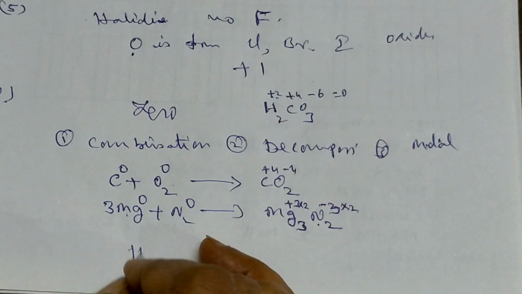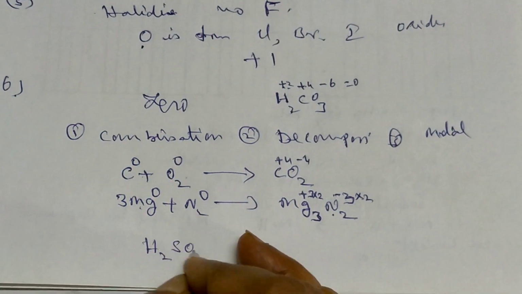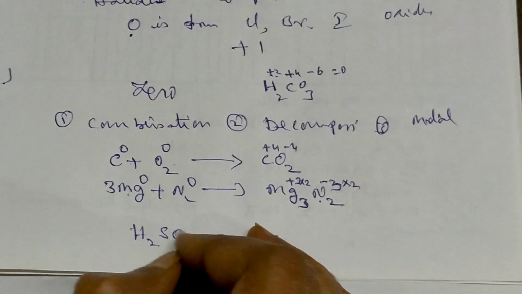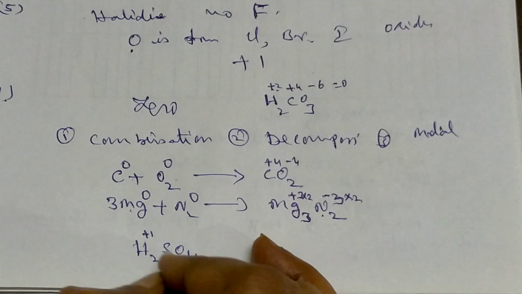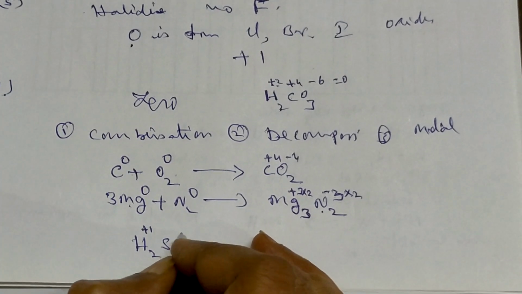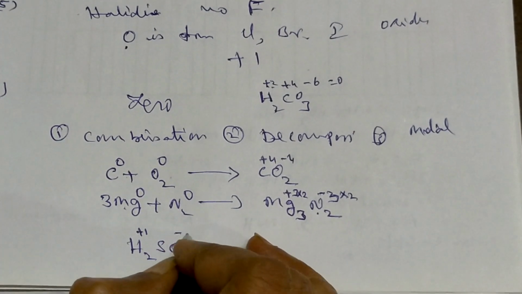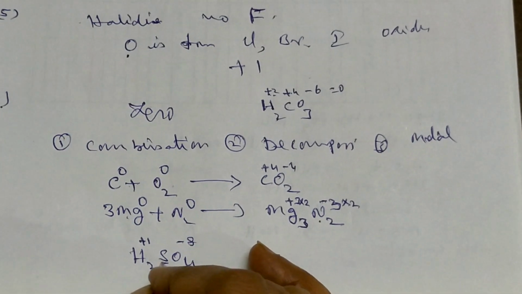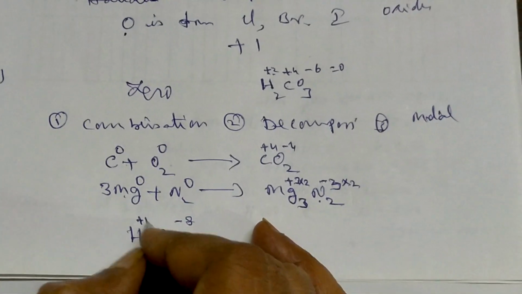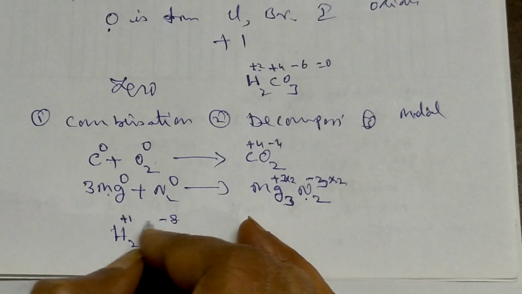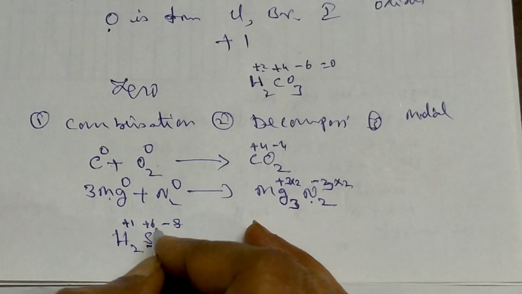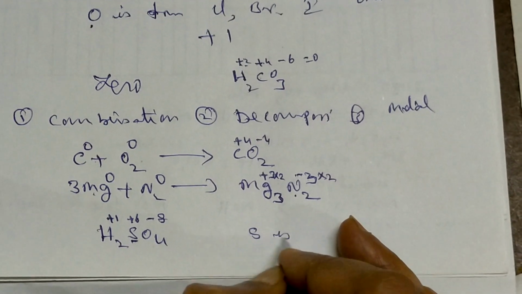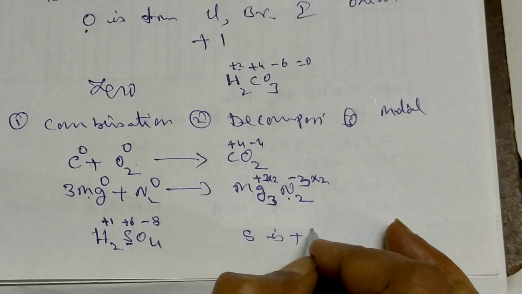One more we will see: sulfuric acid. In this sulfuric acid, hydrogen is +1, so +1 times 2. Oxygen is -2 times 4, -8. So if somebody asks what is the oxidation number of sulfur, +2 plus -8 plus sulfur equals 0, so it is +6. Oxidation number of sulfur is +6 in this compound.